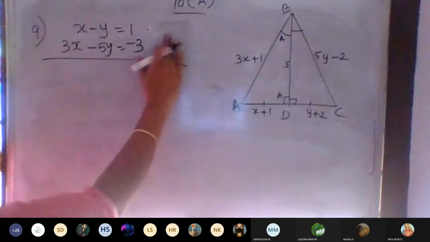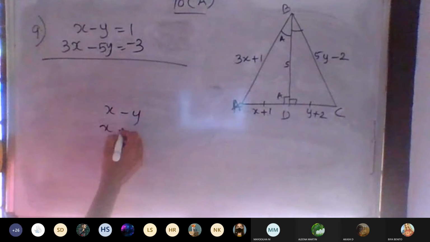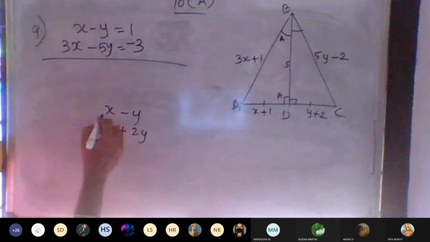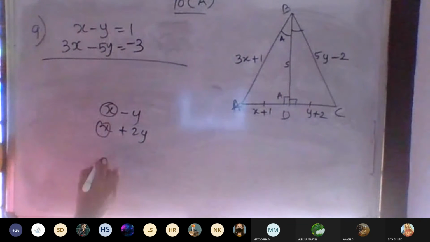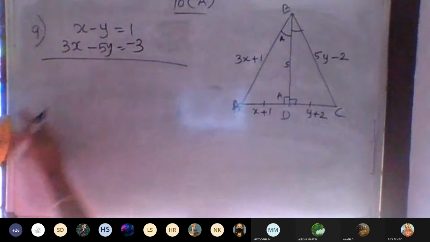If we have the same coefficient, no problem, x minus x will be 0. Otherwise we have to equate the coefficients.